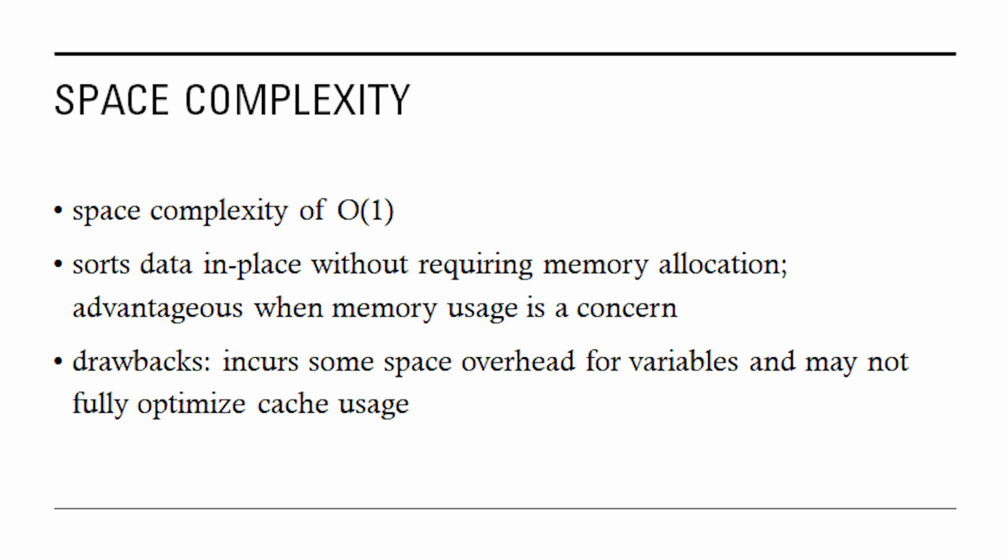However, some disadvantages or drawbacks are that it still incurs some space overhead for variables and may not fully optimize cache usage. Additionally, its simplicity and in-place nature make it less suitable for certain scenarios, such as sorting extremely large datasets or optimizing cache performance.